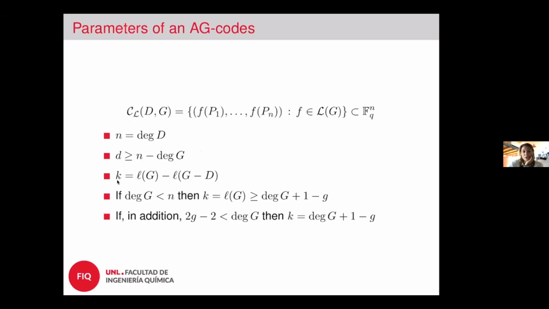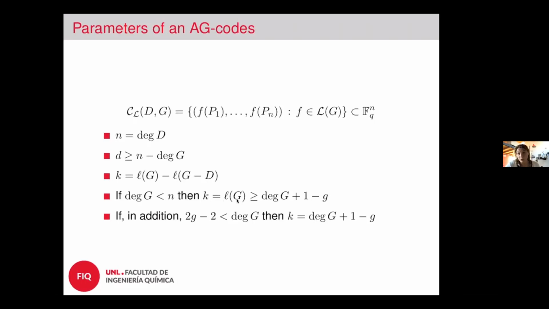And the dimension is the dimension of the Riemann-Roch space of G minus the dimension of the Riemann-Roch space of G minus D. If the degree of G is less than n, that is what we call a moderate AG code. Then we know that the degree of G minus D is going to be negative, so this part is 0, and the dimension of the code is the dimension of the Riemann-Roch space of G.